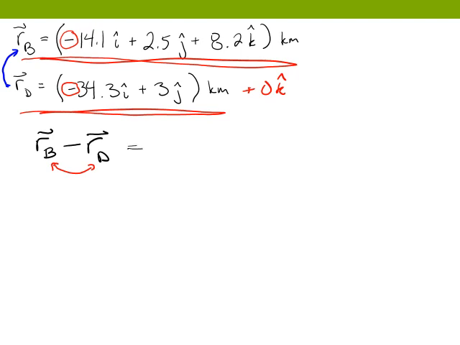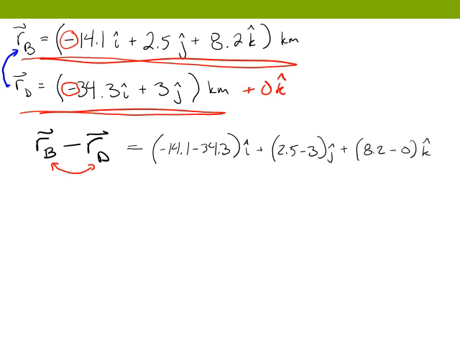All right, so if we put those together, we could write this quickly. The x component is just minus 14.1 minus 34.3 i hat, plus 2.5 minus 3 j hat, plus 8.2 minus 0 k hat.